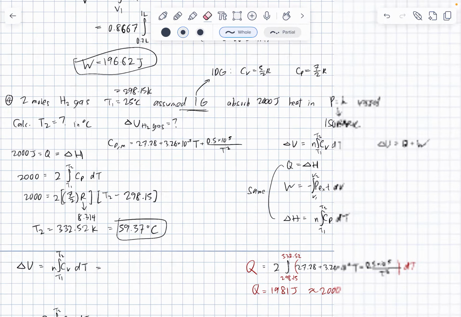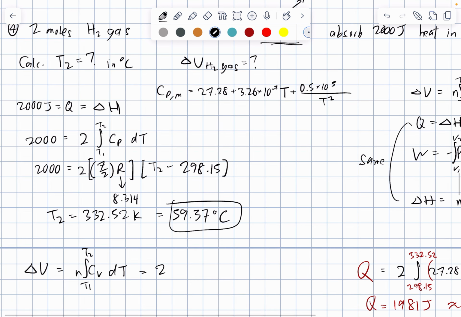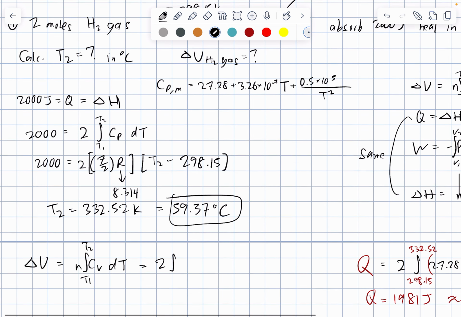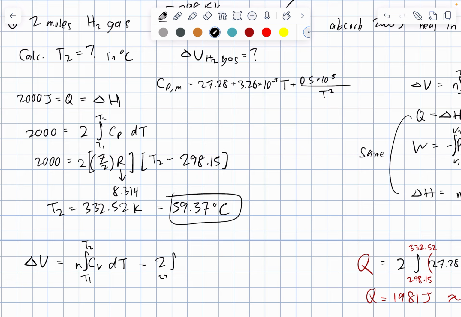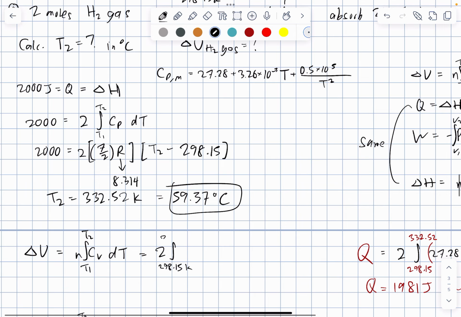So what's the number of moles again? 2. T1 is 298.15. T2 is 332.52 Kelvin times Cv.